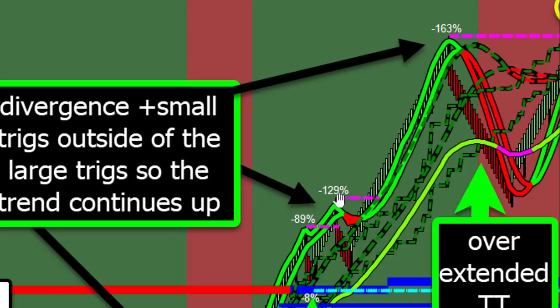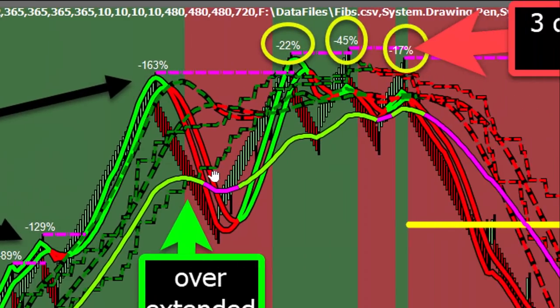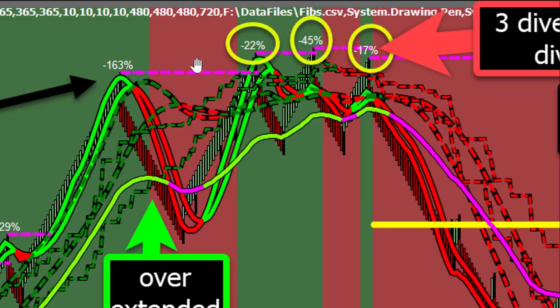So if you're getting consecutively higher divergences with the triggers outside, those don't really count. Only when you have multiple divergences in a relatively tight range, that's the type of multiple divergences that will reverse a trend.